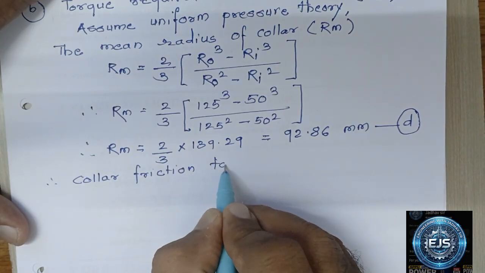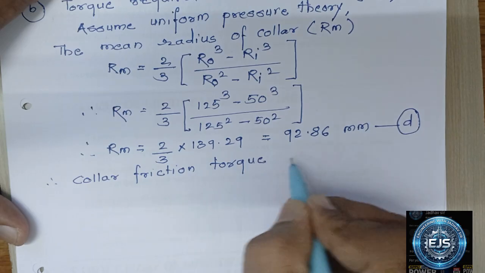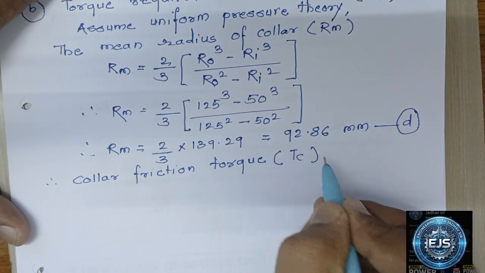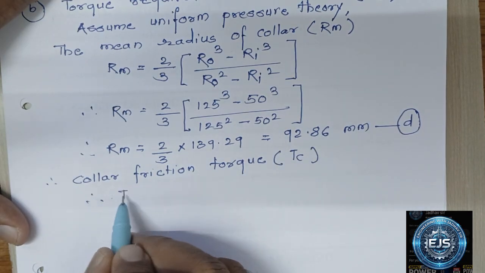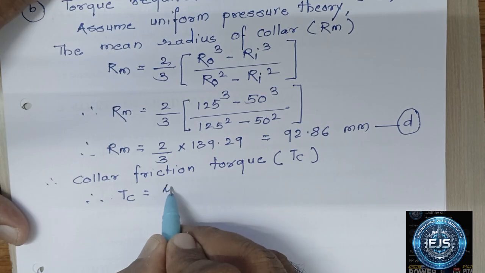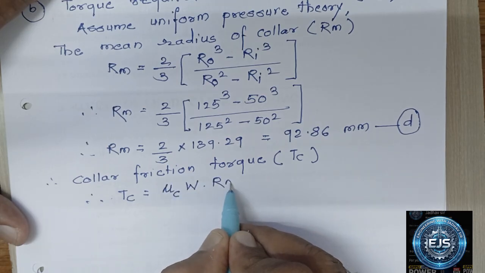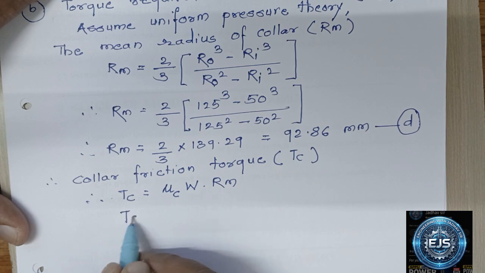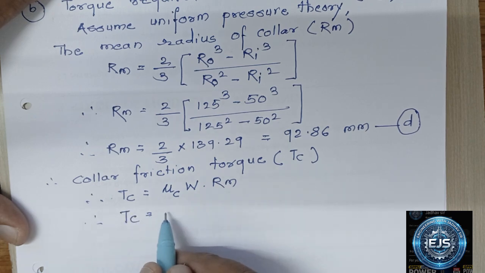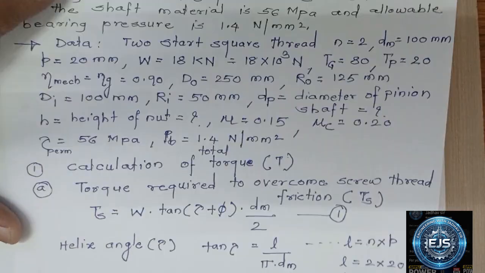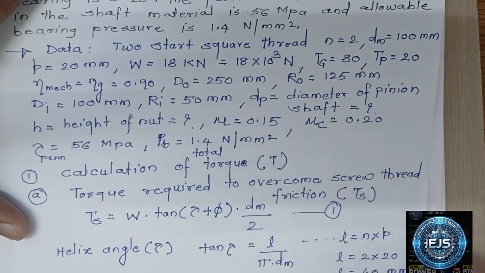So collar friction torque TC is given by this formula. TC is equal to mu C into W into RM. Putting the values, mu C, the coefficient of friction in the collar bearing, is 0.20.